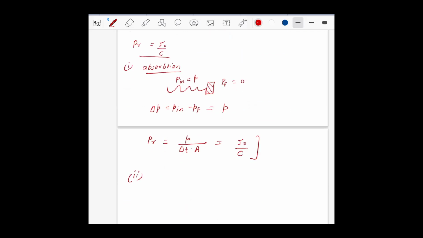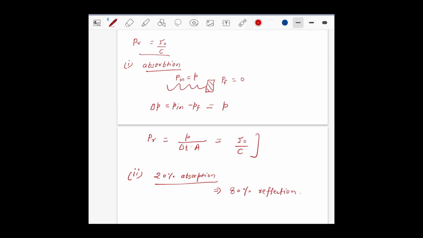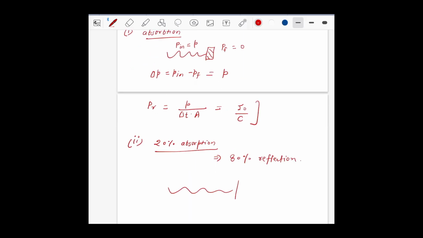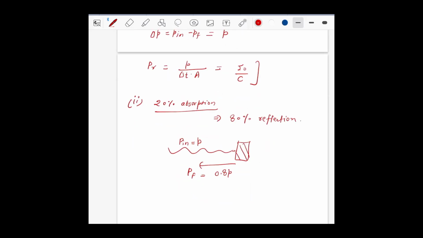So the second case is that there is a 20% absorption, which implies that there is an 80% reflection. So we have an EM wave which is falling on a surface, and if initial momentum of the light is P, then final momentum when it is reflected is 0.8 times P, and the remaining momentum is absorbed.